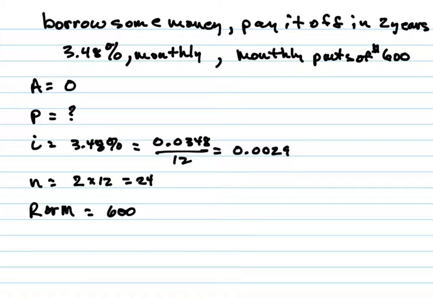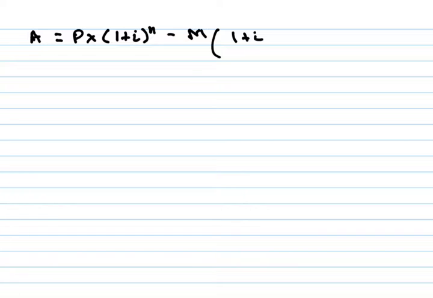All right. Now, I'm not going to take you through the calculator part of this. I just want to simply take you through the part that you need to solve. So what we're going to do is fill these values in the formula. So A equals P times (1 plus i) raised to the n minus M times ((1 plus i) raised to the n minus 1) all divided by i.